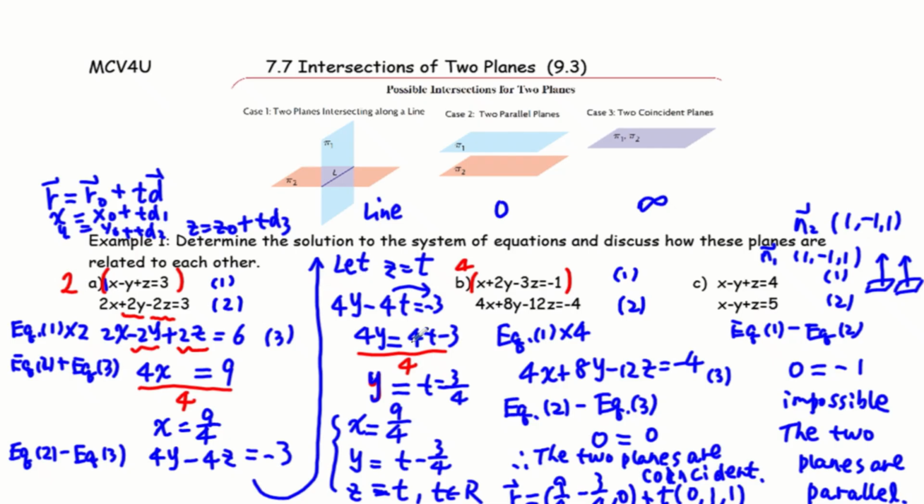If you have solutions, because we have 3 variables in 2 equations, one variable is not able to be solved, so we let z or y equal t, a parameter, then we express the other 2 variables in terms of t, then we have the parametric equation of a line.